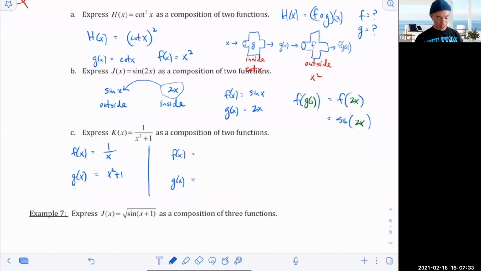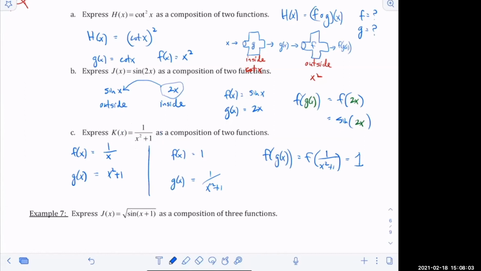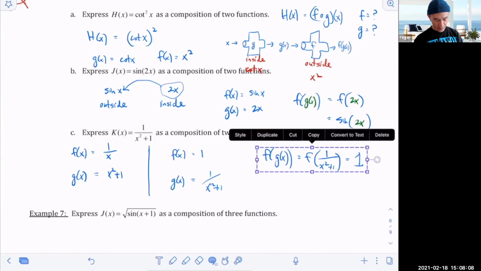If f is 1 and g of x was 1 over x squared plus 1, then when you do f of g of x, that's f of 1 over x squared plus 1. You know what the output of that is? That's just 1. So we don't get our original function k back. But I'm definitely glad that you're thinking.